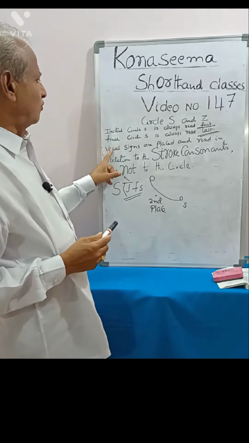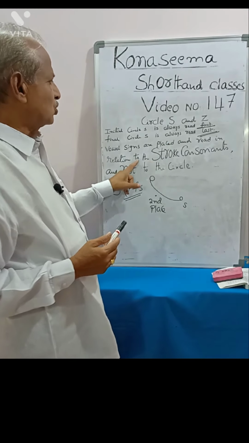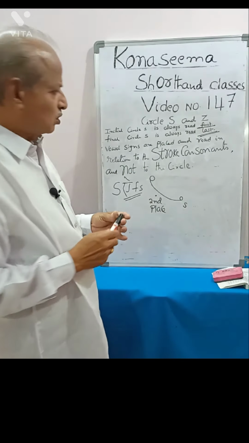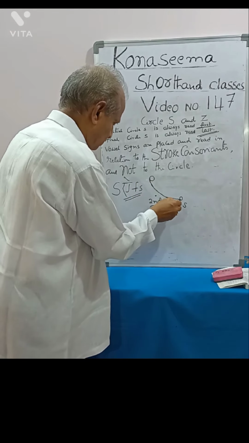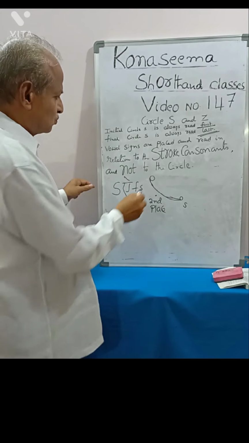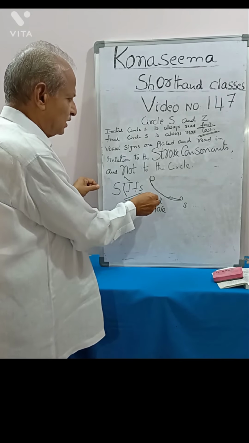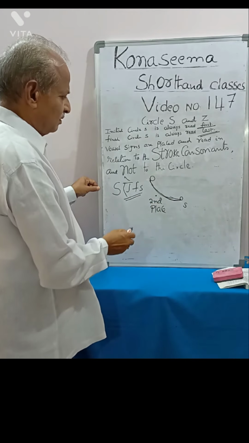Next, vowel signs are placed and read in relation to the stroke consonants only. Stroke consonant means this one, F. This vowel sign A is placed in relation to F only.